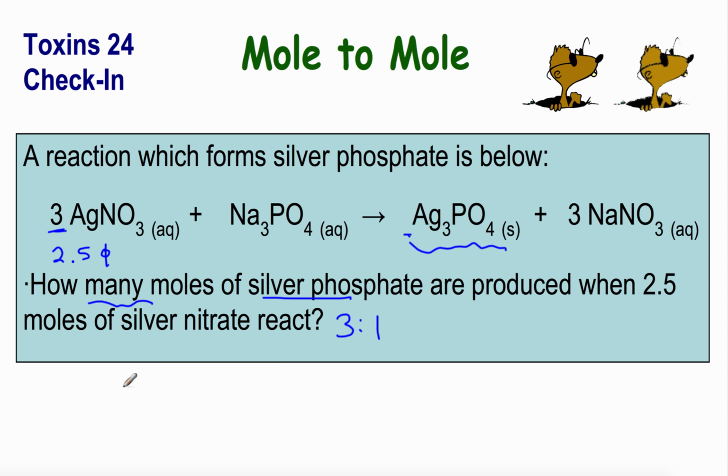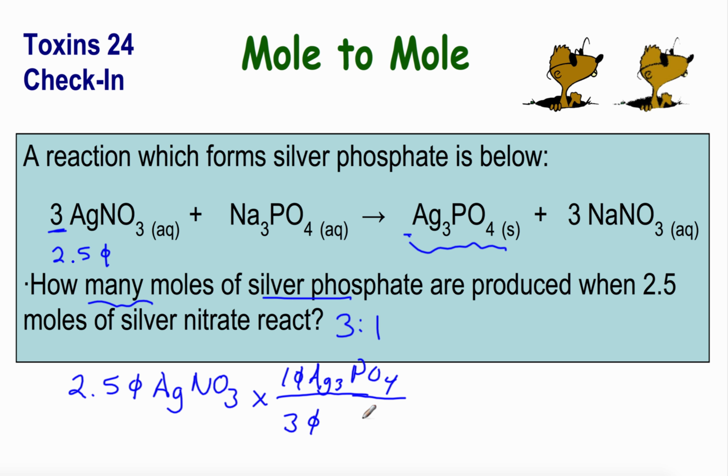My solution is to start with what I'm given, which is 2.5 moles of AgNO3, and then multiply by 1 mole of Ag3PO4, which is my silver phosphate, over 3 moles of AgNO3, because this will cancel with that unit.